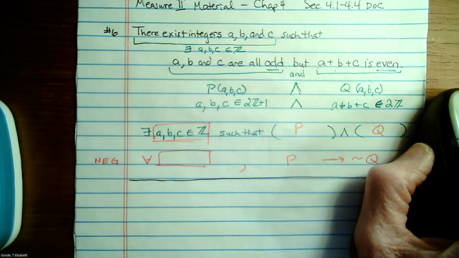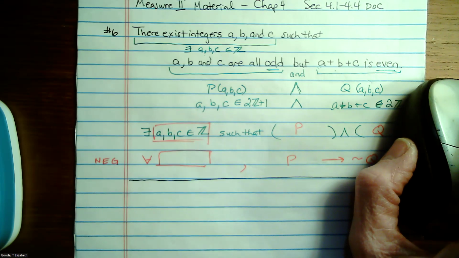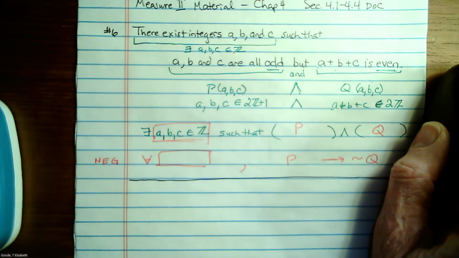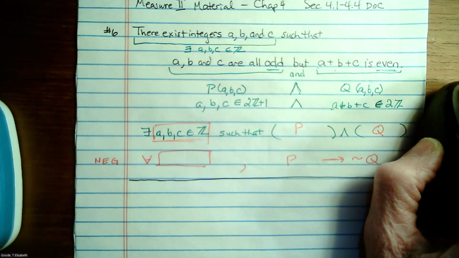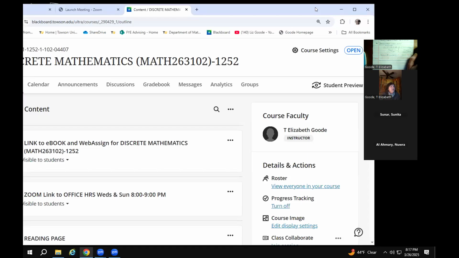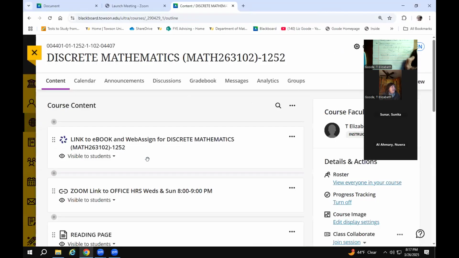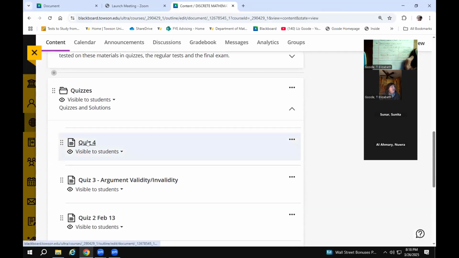Are you talking about the quiz that you just got back? Yes. All right, so let's take a look. And you're in section 102, so I'll share my screen. Both of the quizzes for this particular quiz were actually the same, but that's not certainly always the case.